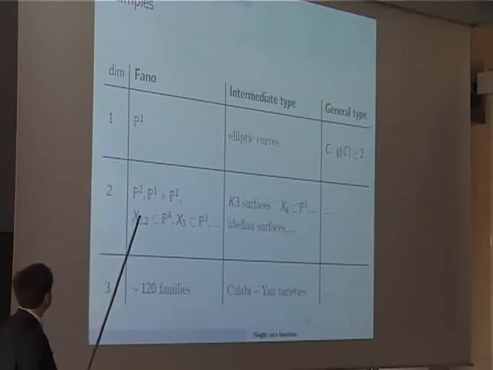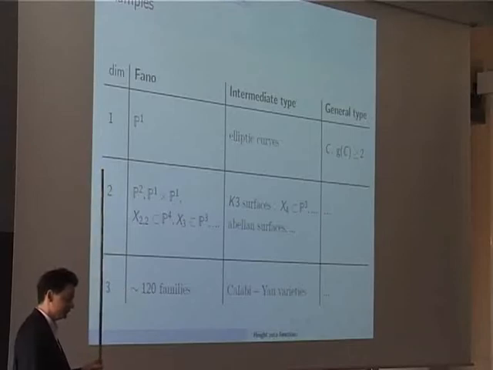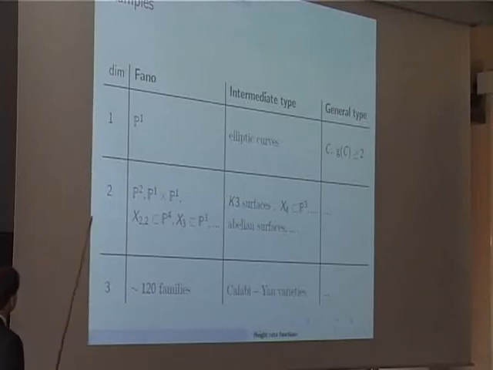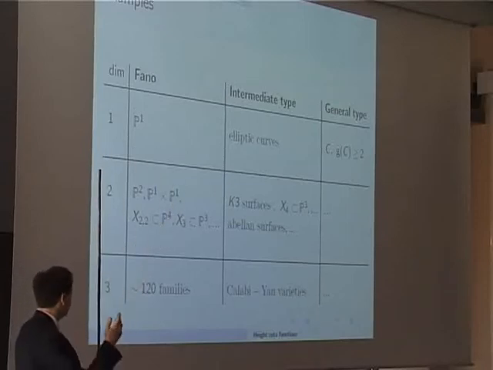Anyway, a big achievement of classical Italian algebraic geometry, but completed by Iskovskikh and later Mukai and Mori, was the classification of Fano threefolds, so threefolds with ample anti-canonical class. There are a hundred-something families.